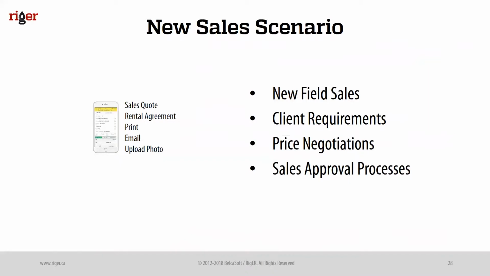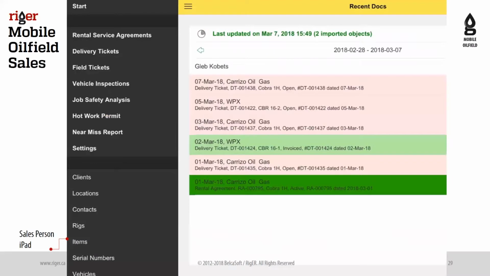We have a new oil field job, and we grab all the client requirements, put the right prices, and send all the information to the sales manager or operation manager for approval. So let's demonstrate this short video, and Gleb will comment on this new sales job.